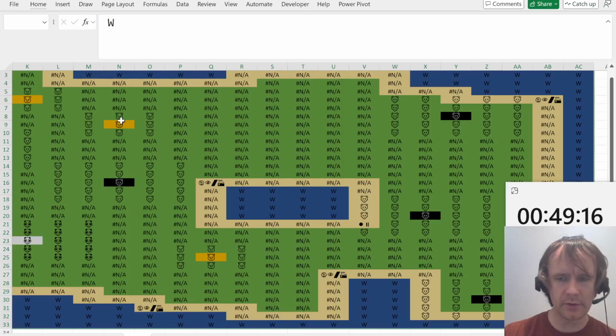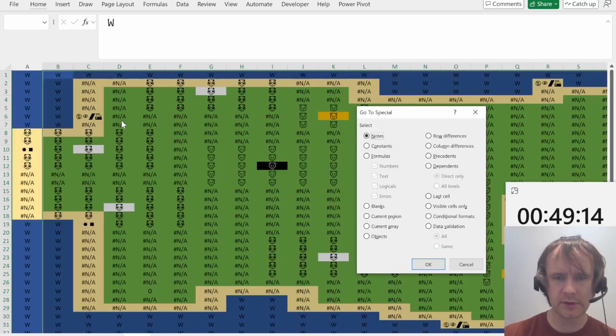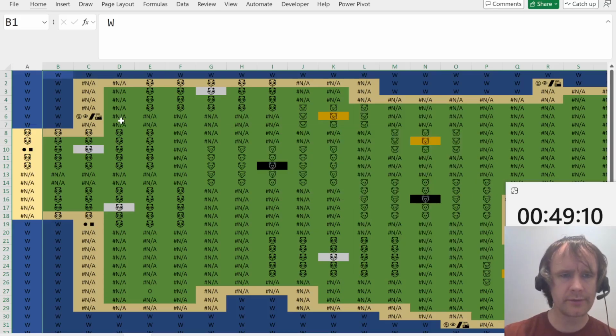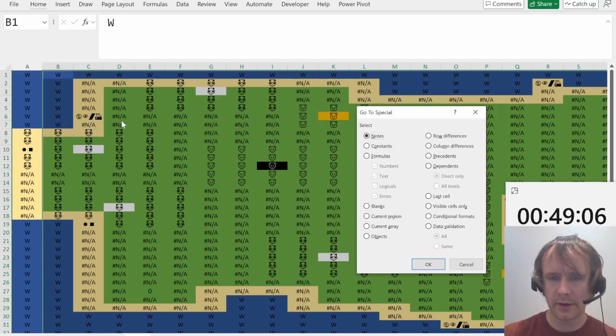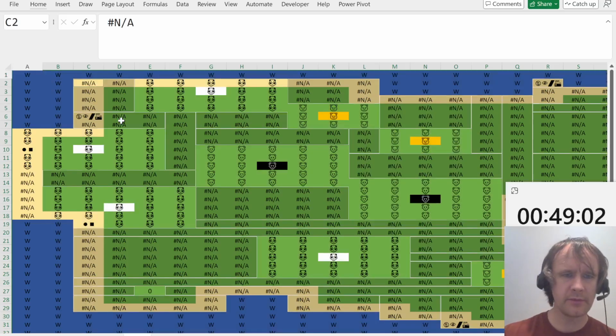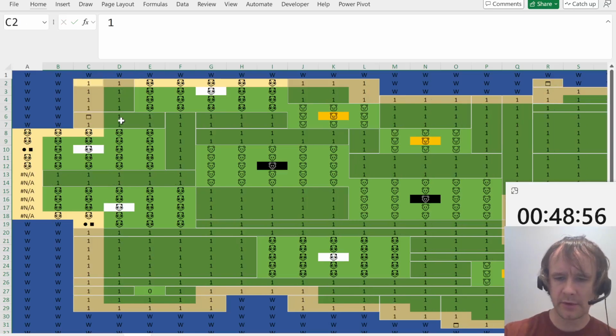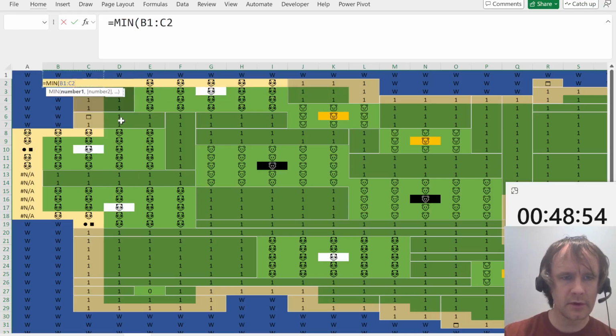Okay, so I'm going to do everything except the edge first. Control G, Alt S, constants, not numbers, not text, not logicals. Right. Yeah. Try it again. Constants. I've already did formulas. Okay, there we go. So first we're going to say 1. And then we're going to say min of surrounding cells plus 1.